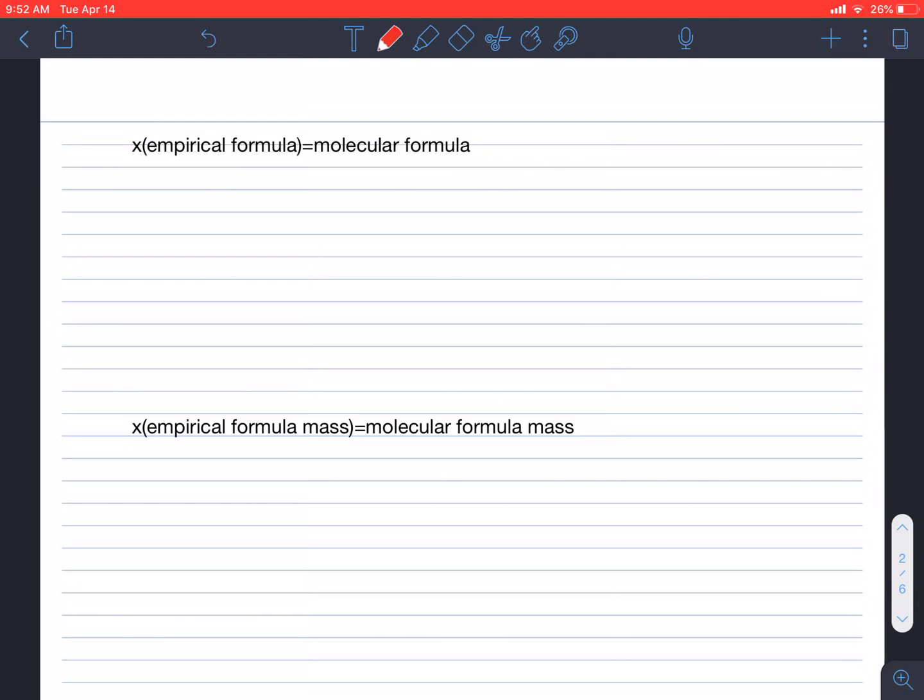So let's take the example BH3. We know that the ratio of atoms is 1 to 3. Any multiple of BH3, such as B2H6, B3H9, B4H12, and so on, represents the same ratio of B atoms to H atoms.